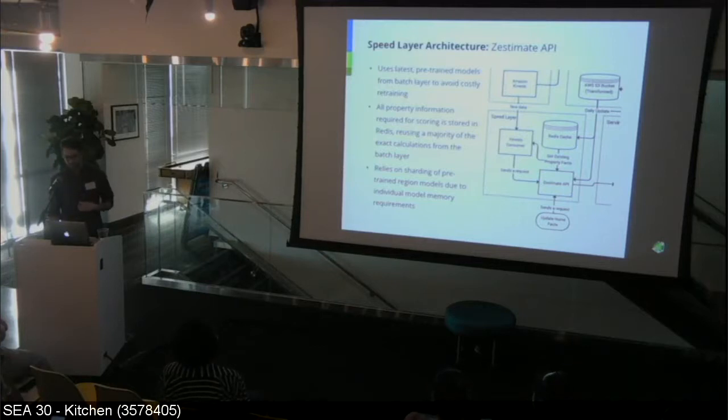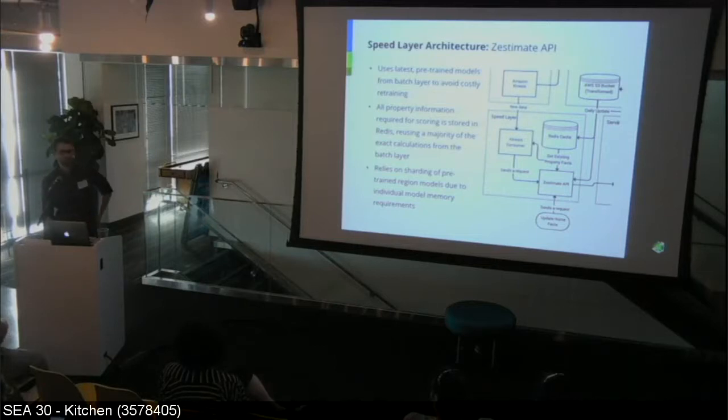In addition, we're using that same Redis cache to look up necessary property information that a request might not send us. And one other interesting thing about our Zestimate API layer is that we rely on sharding of these pre-trained region models.